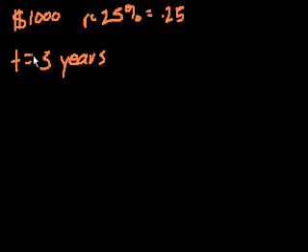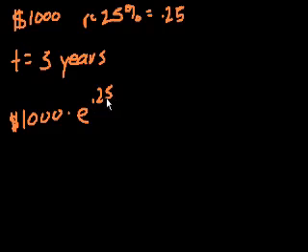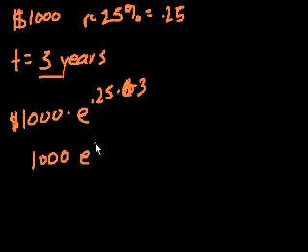And we're going to continuously compound this interest. So our formula says that the amount that I'll owe at the end of this is how much I borrowed, $1,000, times e to my interest rate, 0.25, times the number of years, that's 3. So that equals 1,000 e to the 0.75 power.